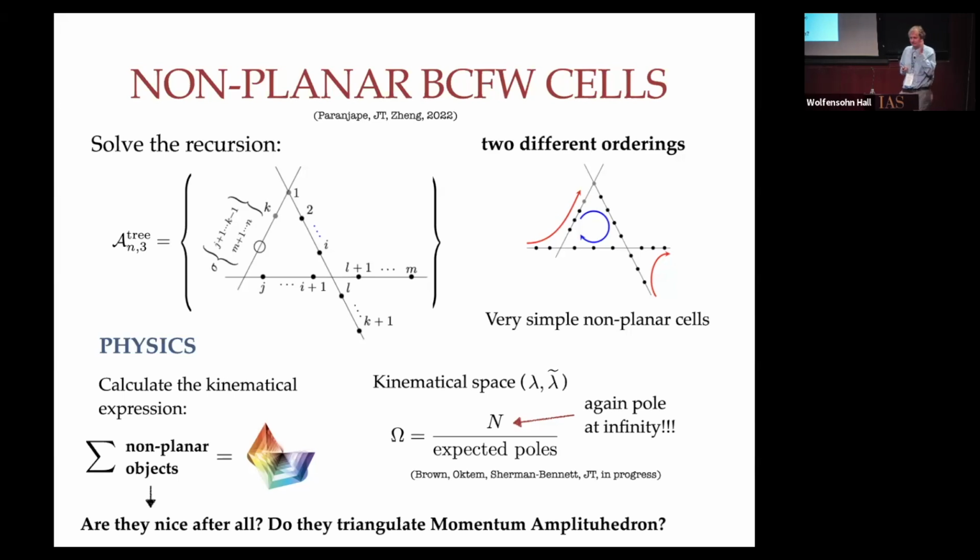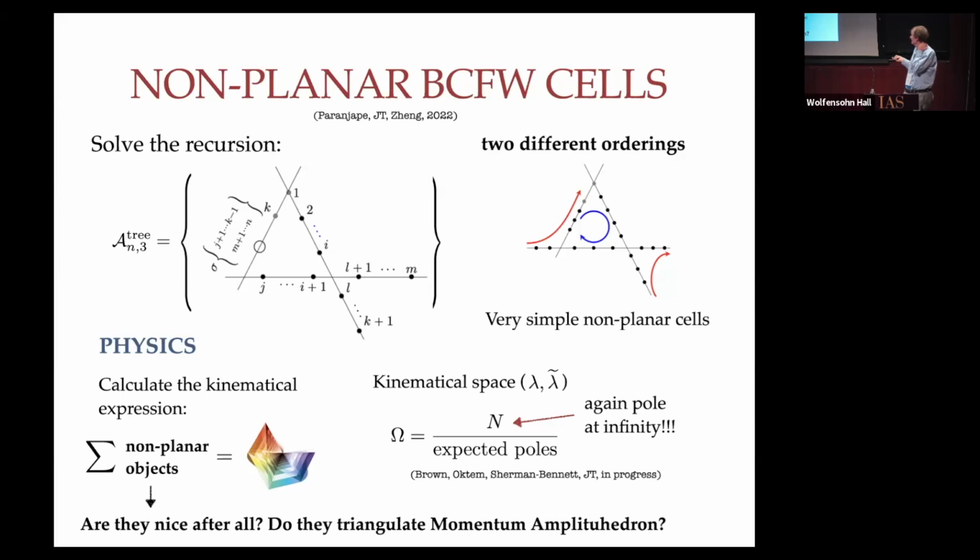So the BCFW cells were special in the planar case. In the non-planar case, they are also special, and they correspond to well-controlled configurations. And it would be interesting to see if these objects in some way triangulate the momentum amplituhedron. It must be some strange triangulation because it doesn't respect ordering manifestly, but they are building blocks for the object.